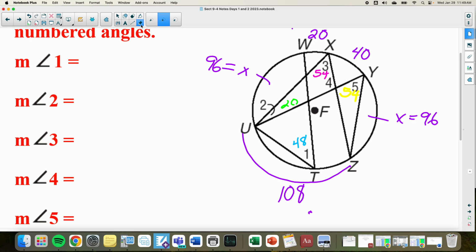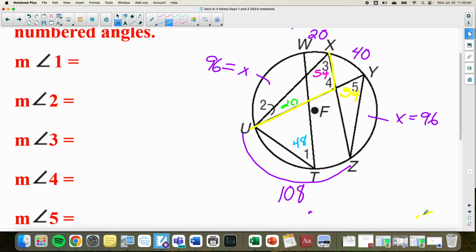So you added 96 and these two together. Do you guys think that's right? It's not. Okay, so, oh, divided by 2. Okay, here's the deal. Here's my angle. What Christian's thinking is add those two together. He's thinking of it as a central angle.